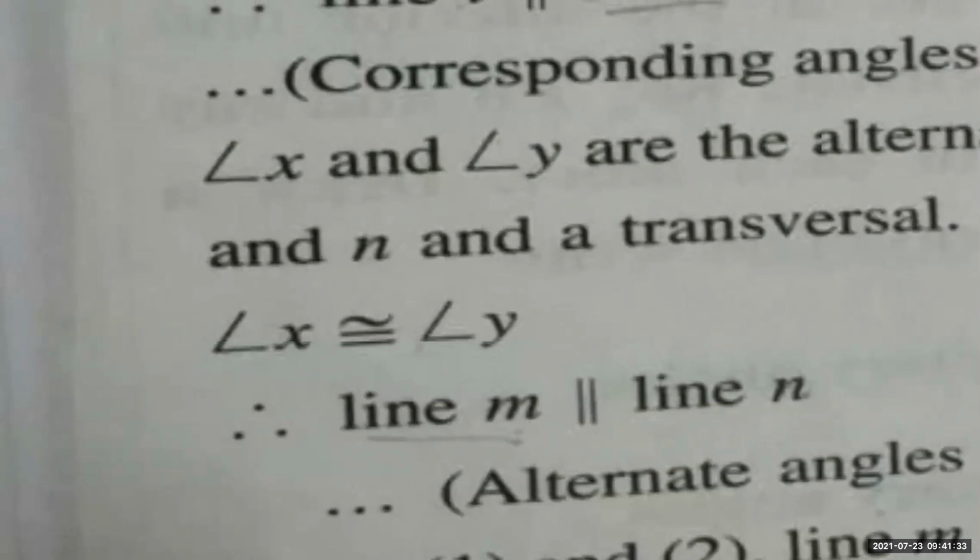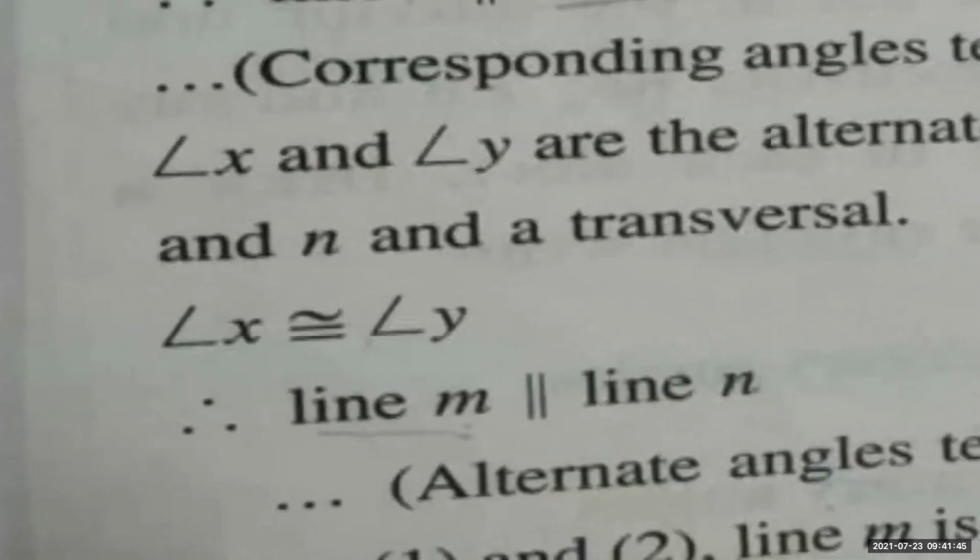And what is the alternate angle test? If one pair of alternate angles is congruent, the lines are parallel.